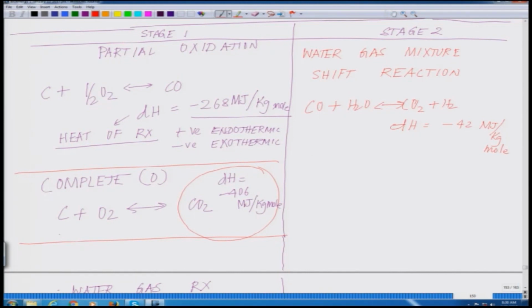In another reaction you get the formation of methane, where CO plus 3H2 makes CH4 plus H2O.